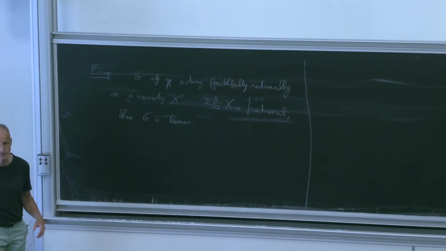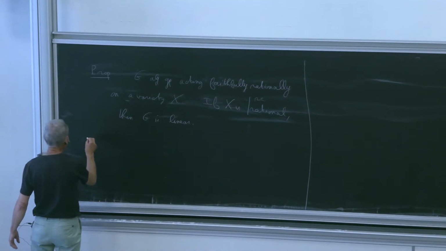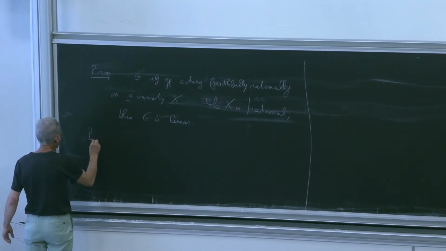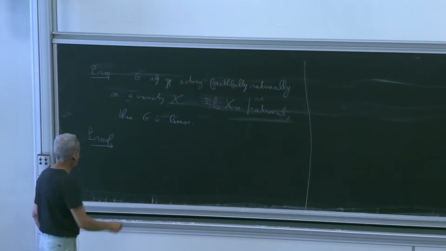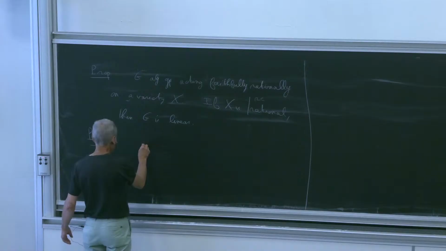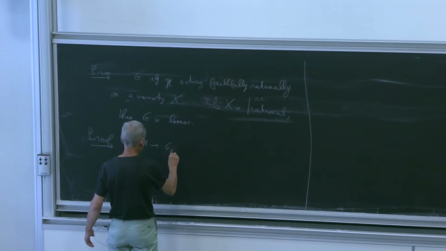Okay, so let me try to prove this, even if, as you see, I'm not too happy with this proof. First of all, we saw last thing this morning that you have an exact sequence like this.